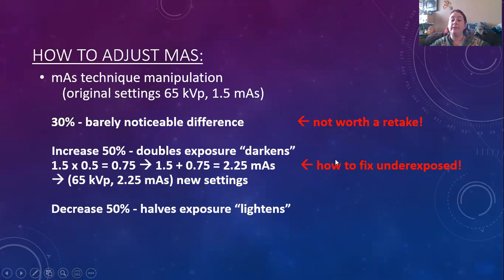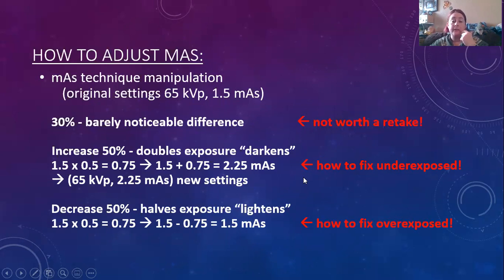To increase it, if it's underexposed and too light, we will take 1.5 times 50%, or 0.5, gives us 0.75. And we need to increase it, so 1.5 plus 0.75 gives us 2.25, and our new settings are 65 kVp and 2.25 mAs.